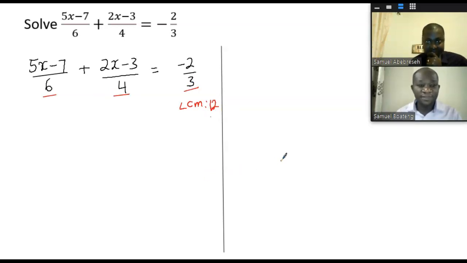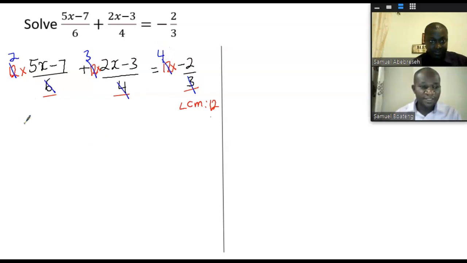After getting the LCM, we multiply each term by the LCM, which is 12. So 6 will go into 12 two times. 4 will go into 12 three times. 3 will go into 12 four times.